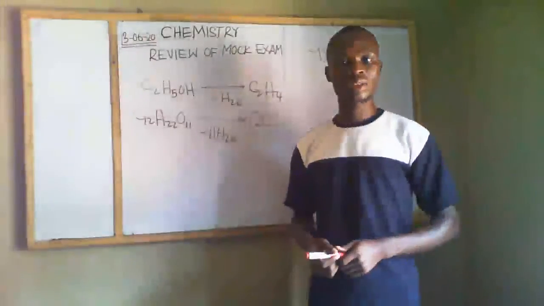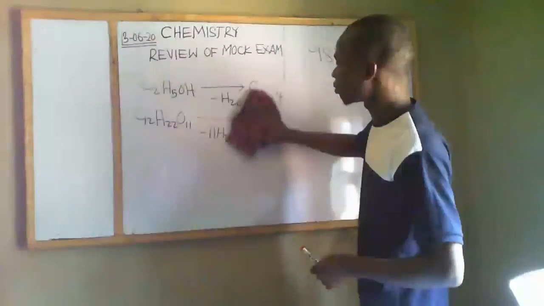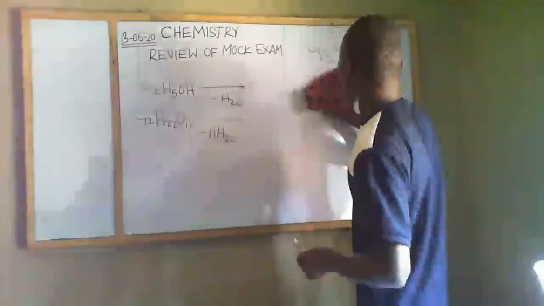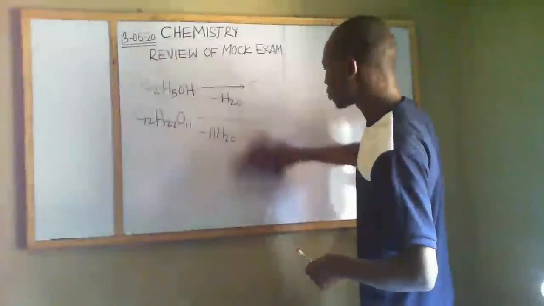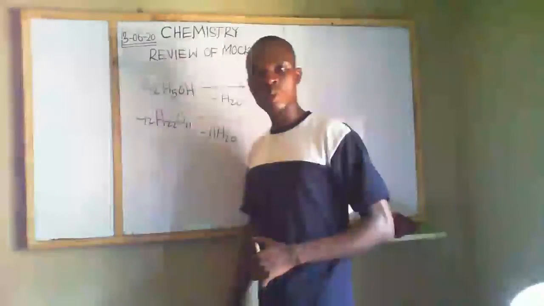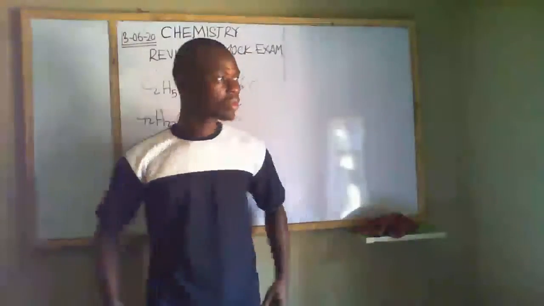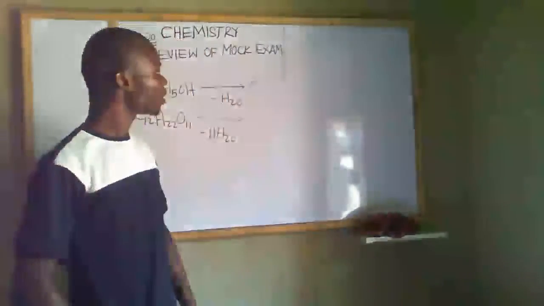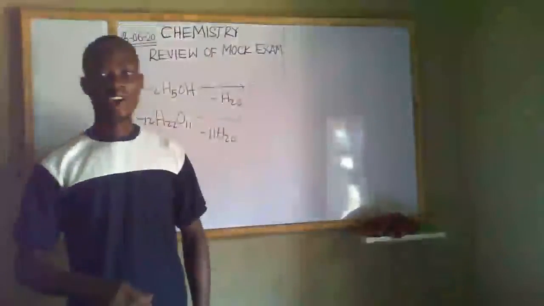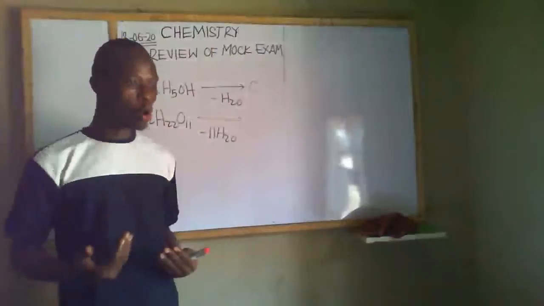The next question: explain why concentrated H2SO4 cannot be used to dry ammonia. Now, the drying agents are deliquescent and hygroscopic. What I mean is that the two kinds of substances absorb moisture or water from any substance.